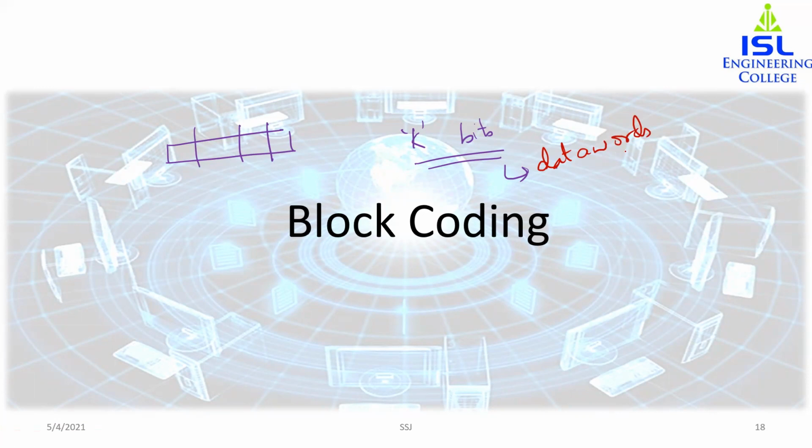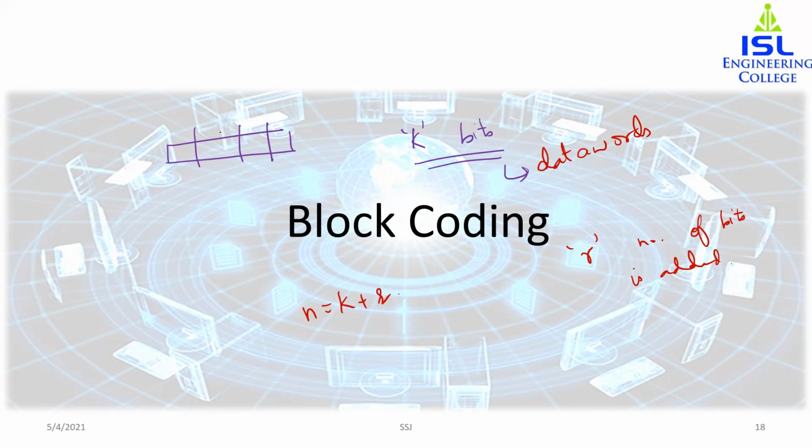Now to this k bits, we will add r number of bits. So r number of bits is added to each block to make the length n equal to k plus r.